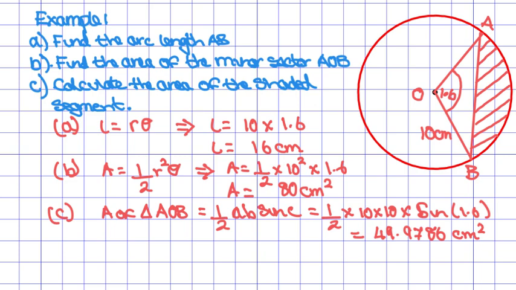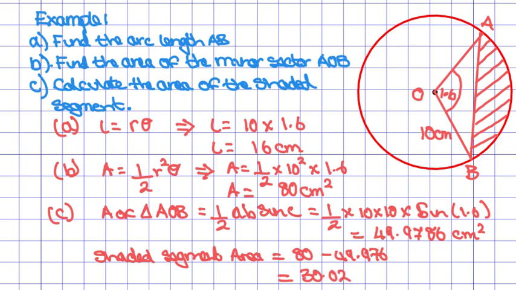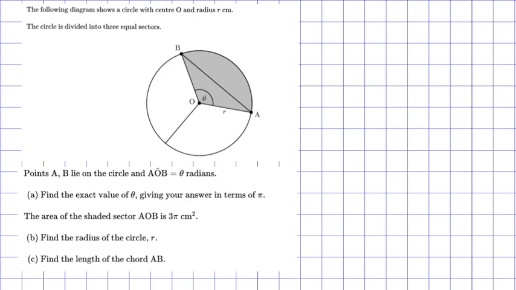So the shaded segment area is equal to 80 minus 49.976, which equals 30.02 centimeters squared.